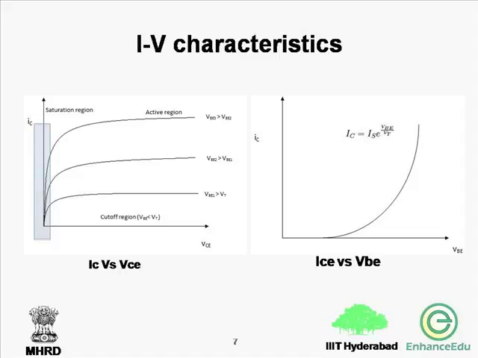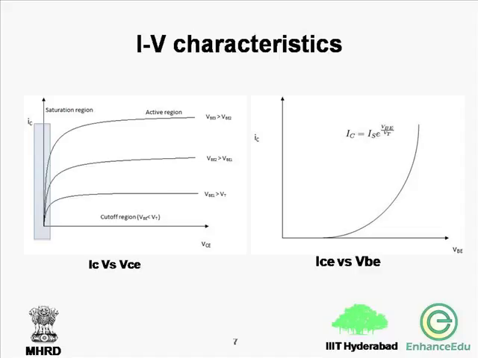In the active region, there is a large conduction current and it is linearly dependent on the voltage. That is, the conduction current increases linearly with respect to the voltage. As the voltage increases further, the device enters saturation. In this region, the base of the BJT is saturated with electrons. Therefore, we call it the saturation region.